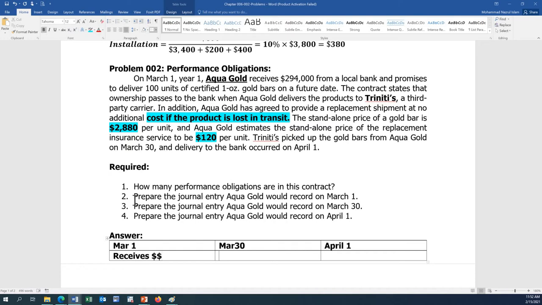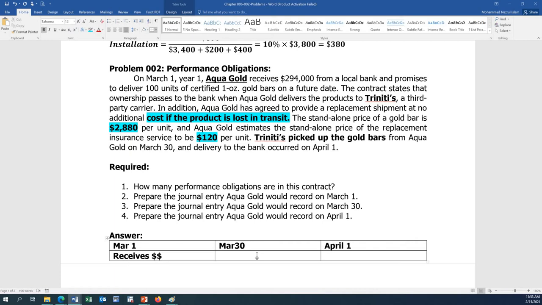And on March 30, see that Trinity's picked up the gold bars. When they received the gold bars from Aqua on March 30, actually there is a transaction because they are assuming that Aqua Gold has delivered.